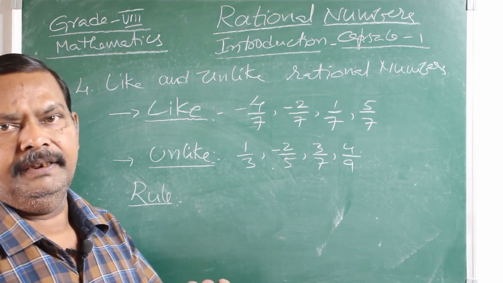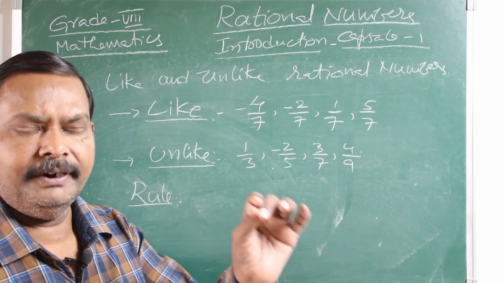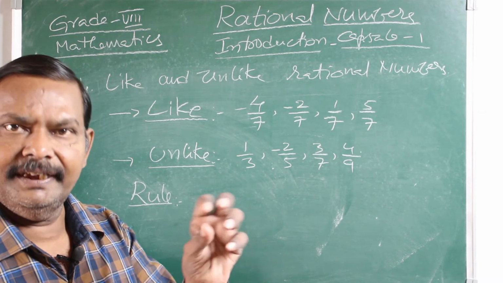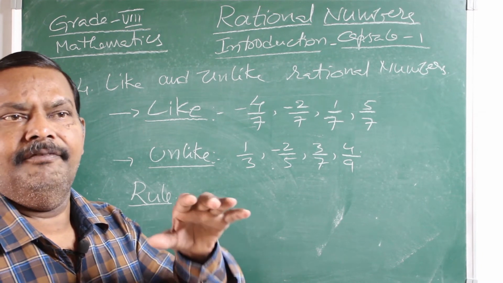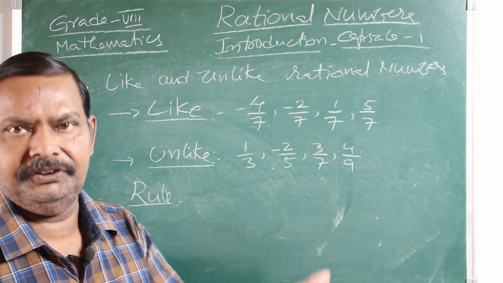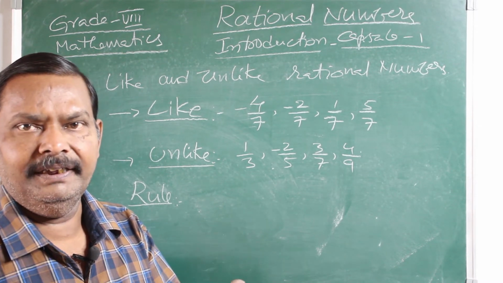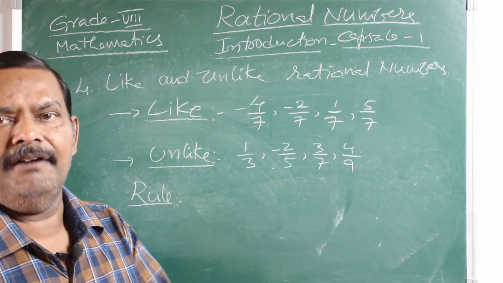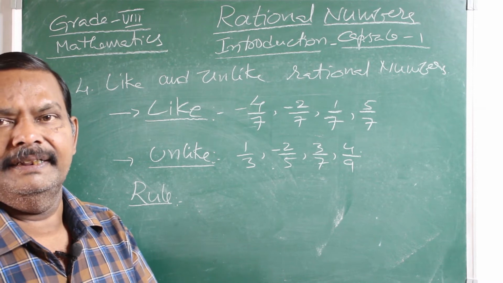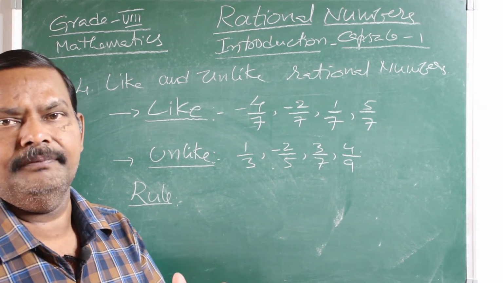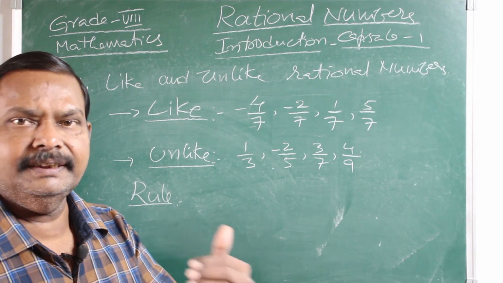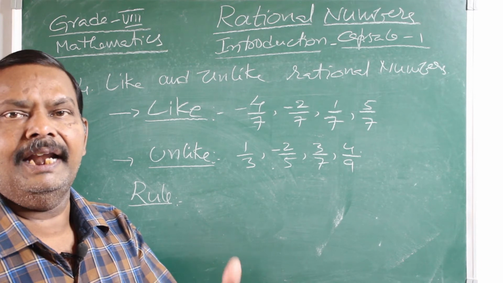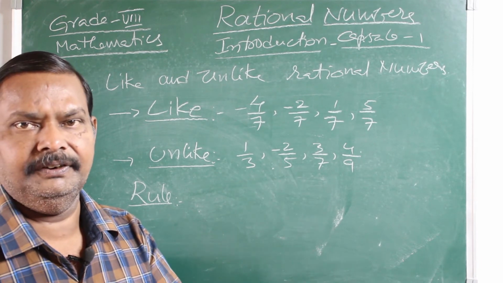We can multiply or divide the numerator and denominator of any fraction by the same number, then the value of the rational number does not change. This is the most important rule we are going to use to convert unlike fractions into like fractions. Let us see here.